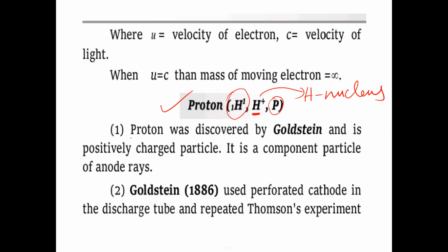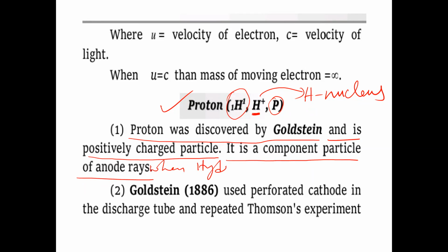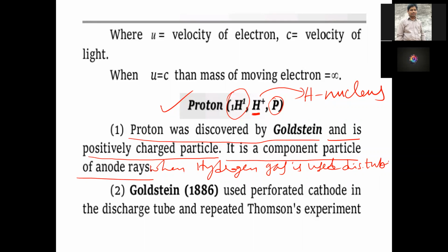Proton was discovered by the scientist Goldstein. The proton is a positively charged particle. It is a component particle of anode rays when hydrogen gas is used in the discharge tube.